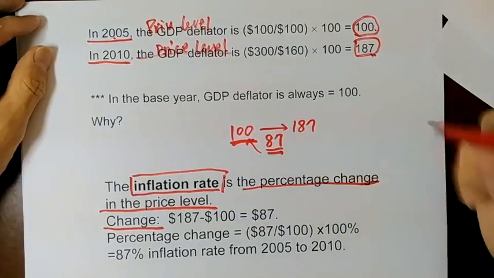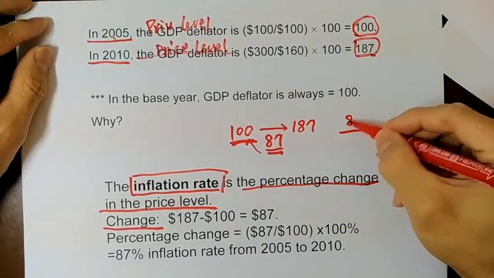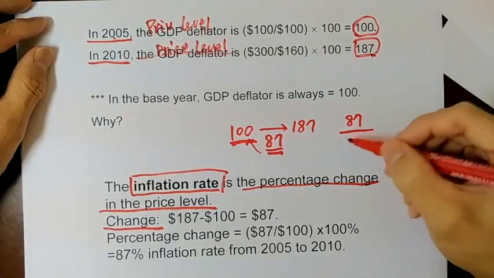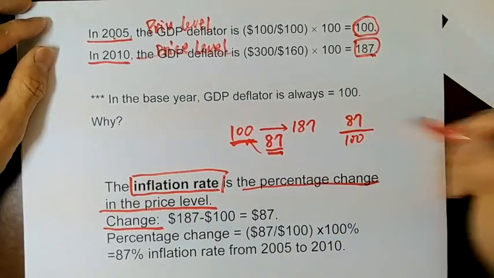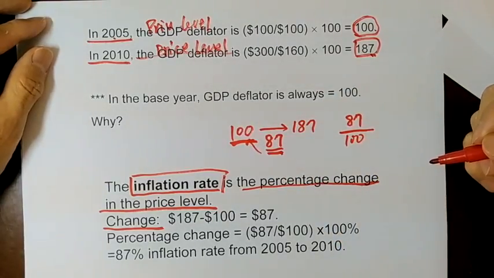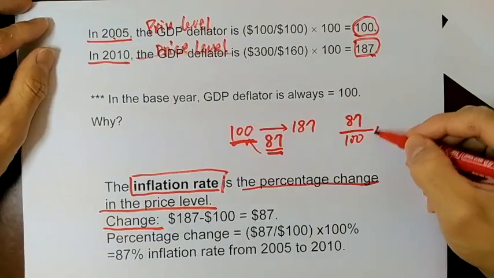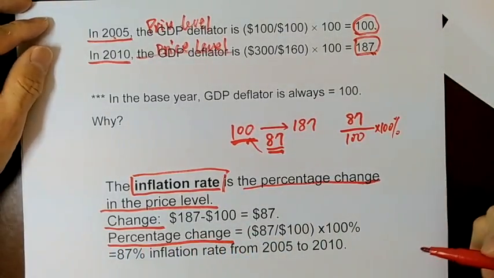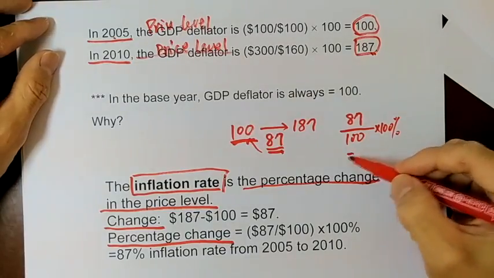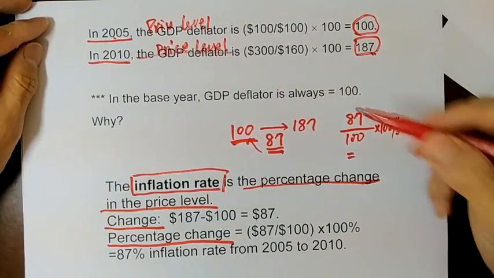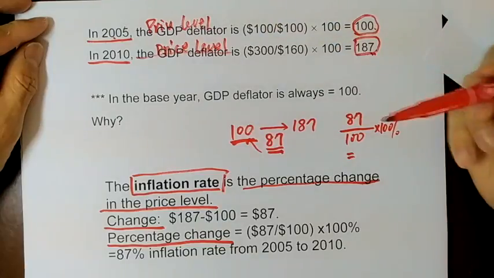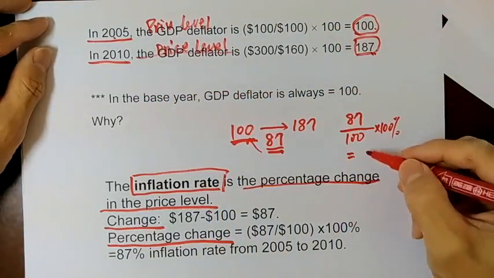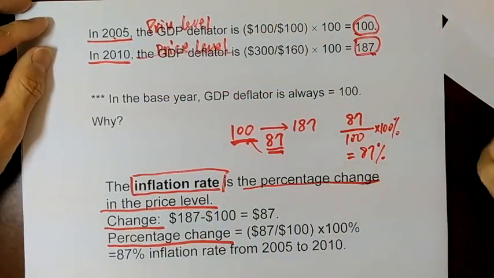So the percentage change is the total change, 87, change from 100. And we multiply by 100%. This is called percentage change. Therefore, the inflation rate from 2005 to 2010 is 87%.